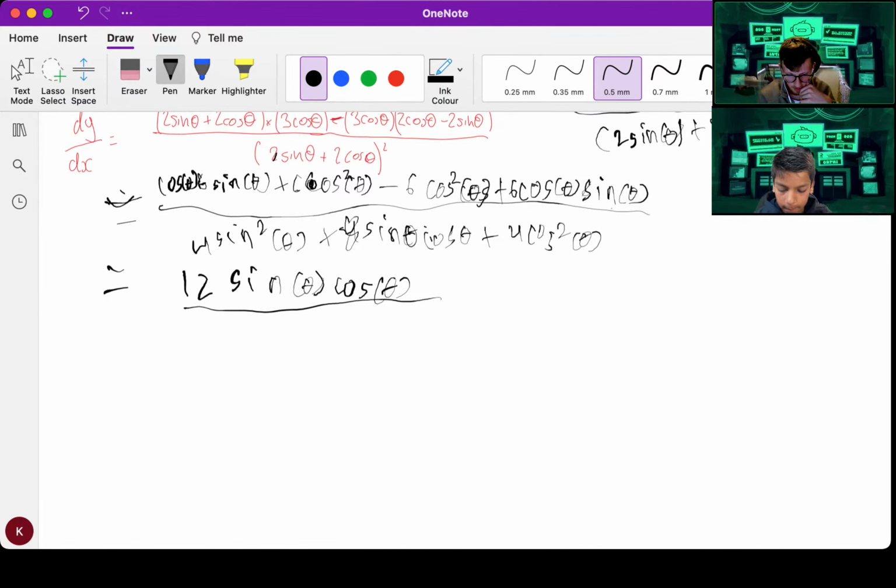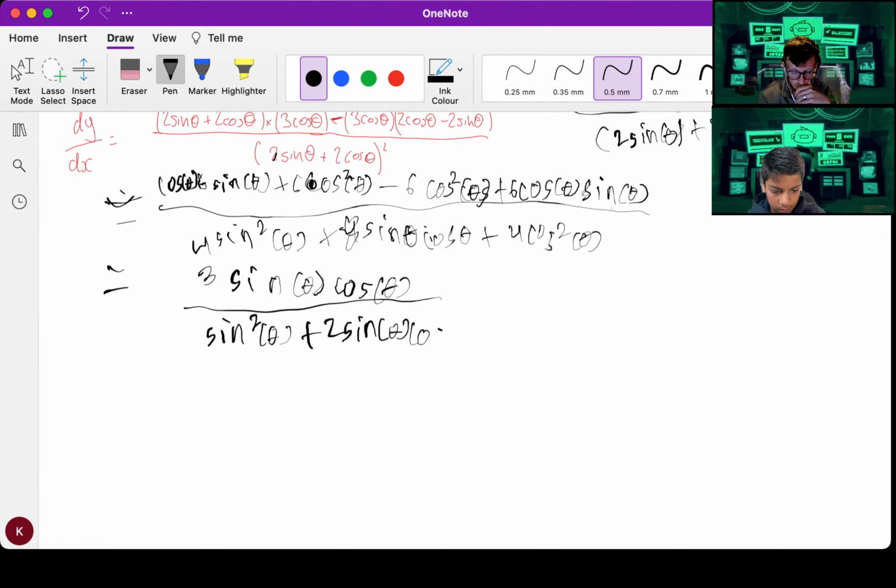Good. Just cancel out. Yeah, spot on. Actually that simplifies to 3 over sine squared theta plus 2 sine theta cos theta plus, no, not 4, just cos squared theta.